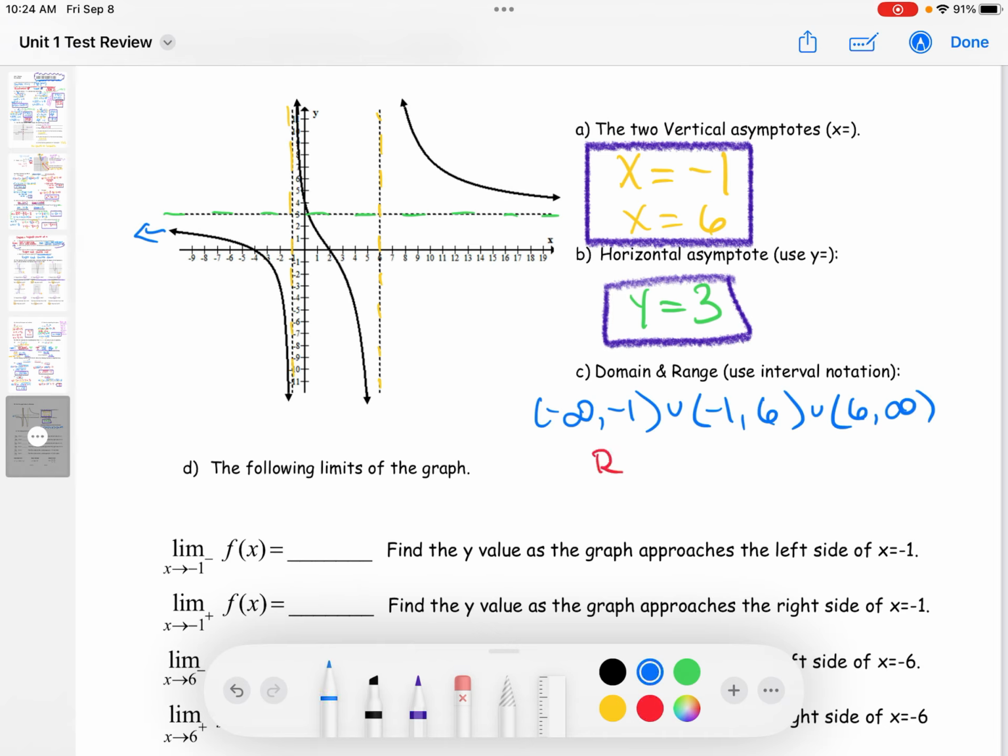On the range, bottom to top, if we look at this, we do have a horizontal asymptote, but that middle section crosses that horizontal asymptote. So there is actually no break there. Your range is all real numbers.